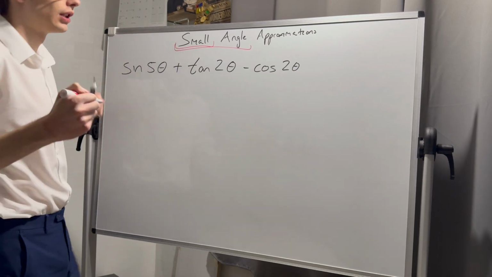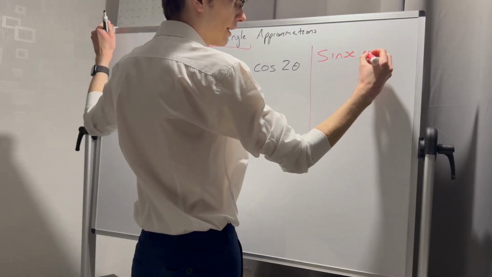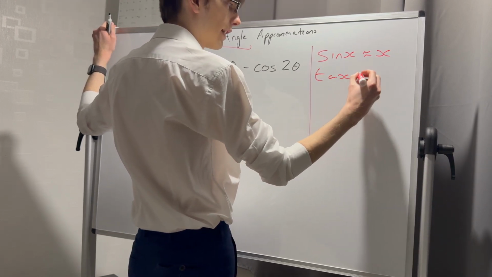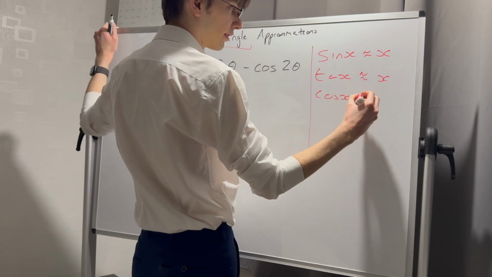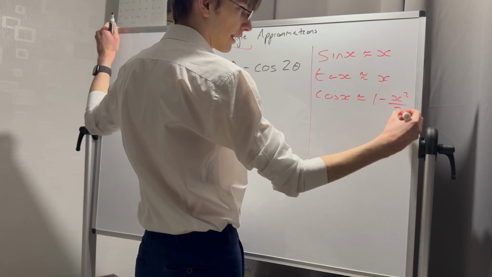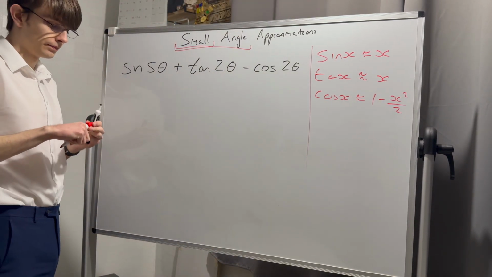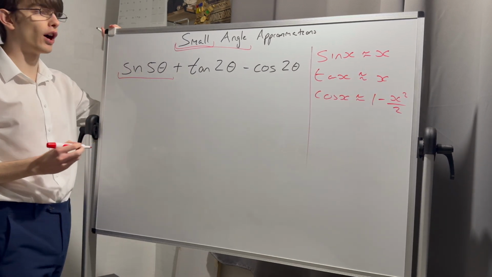First of all, let's remind ourselves what our small angles are. Sine x is basically x, tan x is also basically x, and cos x, the weird one, trying to be different, is 1 minus x squared over 2. So let's break this apart. Sine of 5 theta.